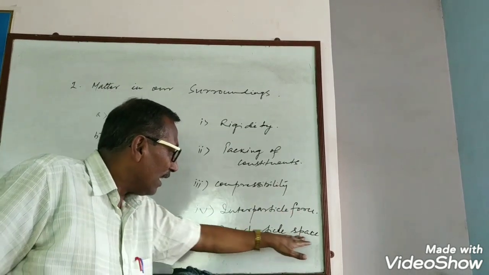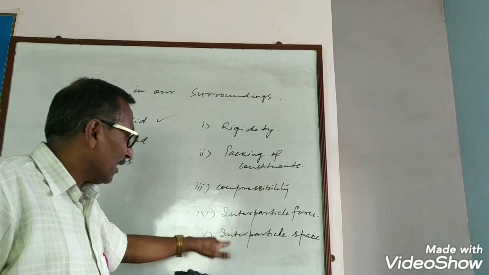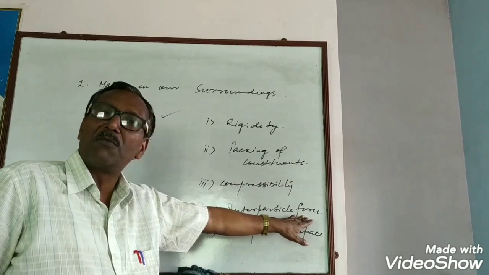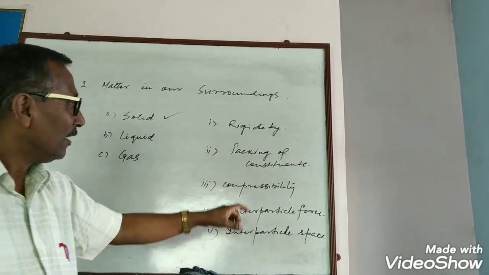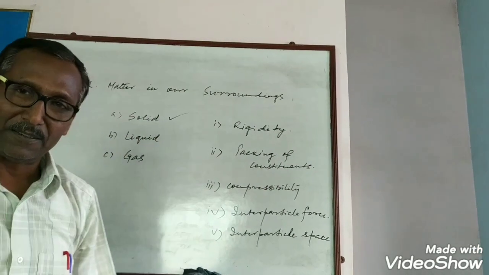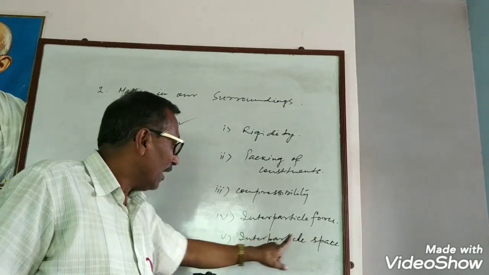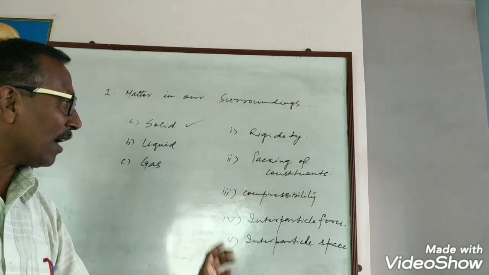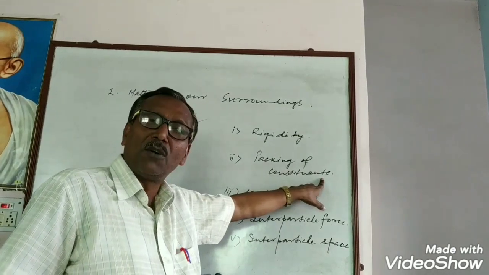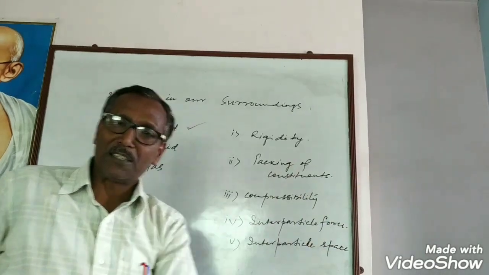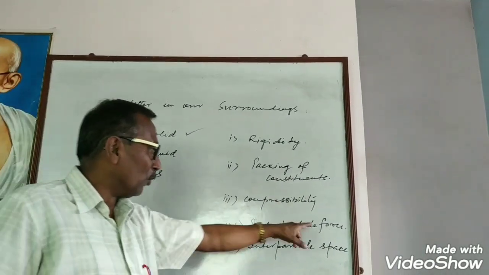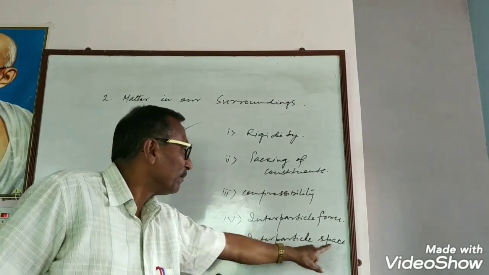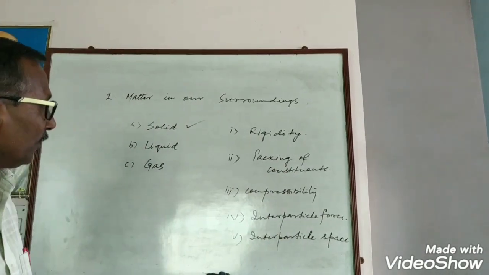Interparticle force and interparticle space are inversely proportional to each other. Interparticle force means the force existing between the constituents of a matter, and interparticle space is the space provided in between the constituents of a matter. So when interparticle force is large, then interparticle space is minimum.